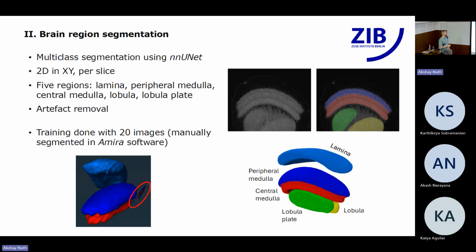Because of this 2D approach, we can have some artifacts, which are not visible here. There is some small part of the image which is labeled, but it shouldn't be. So we perform some artifact removal. Training was done with 20 manually or semi-automatically annotated images within Amira software.